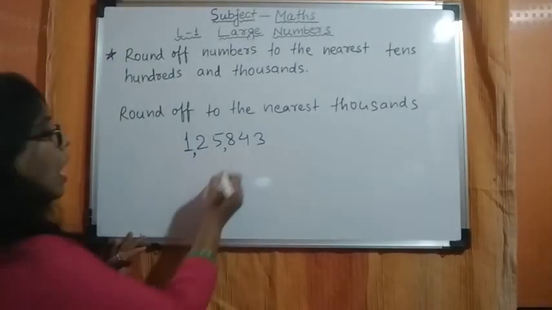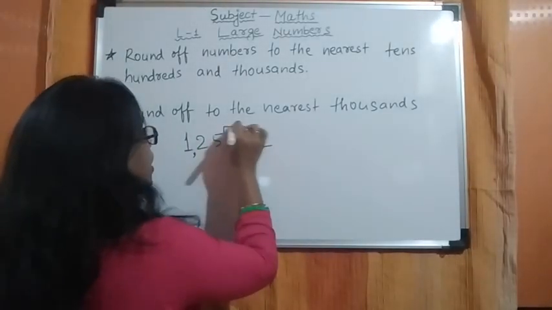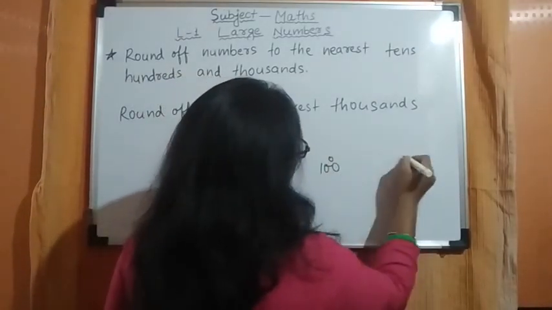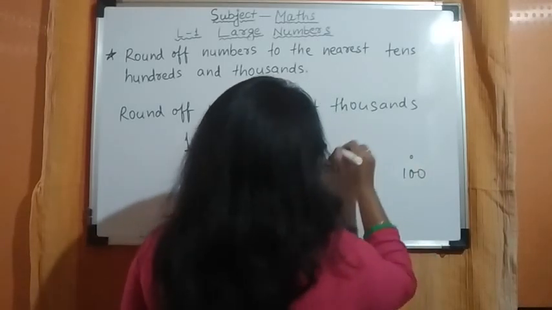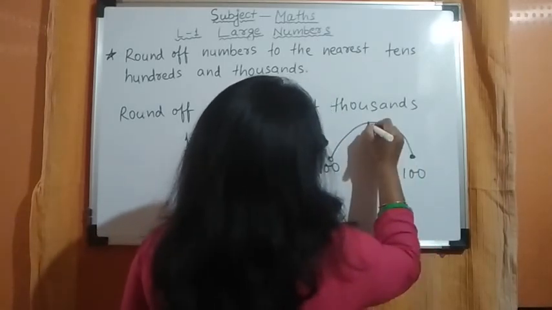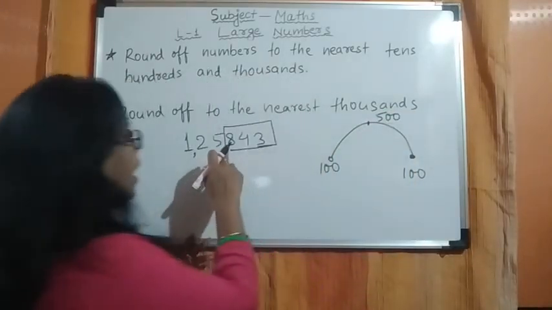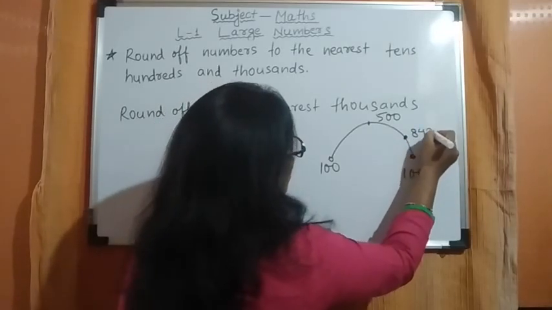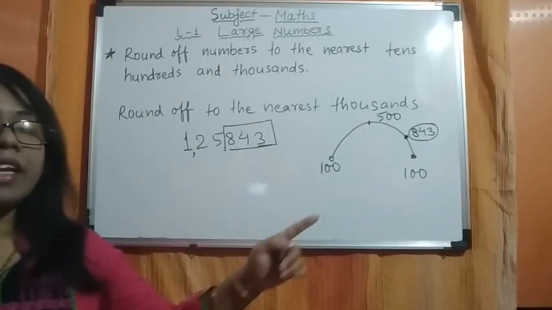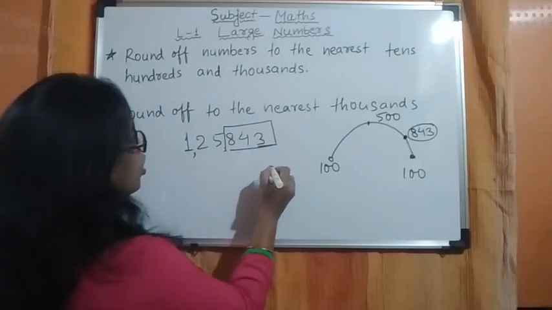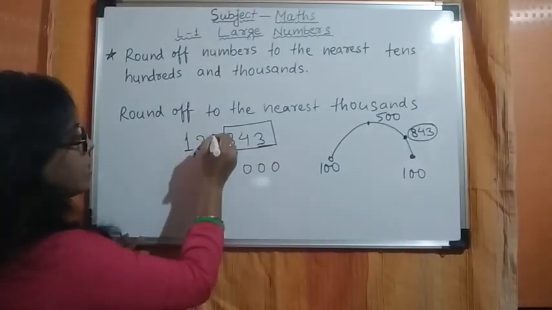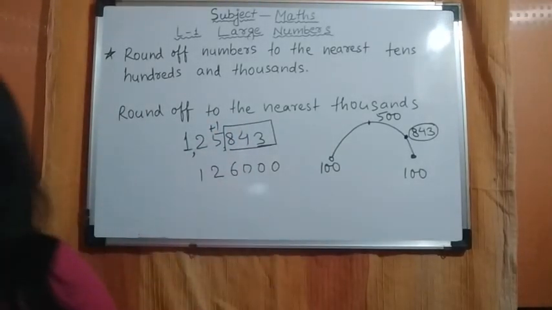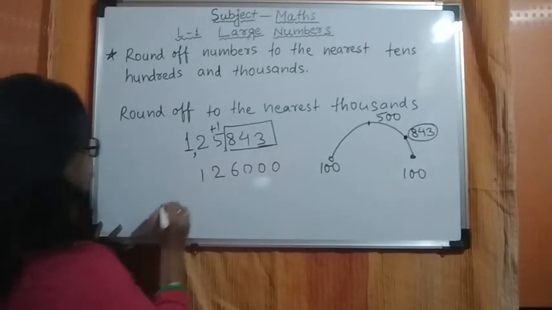We have to see the last three numbers, 843. Now we have to see where the number lies between 100 and 1000. Here it is 500. So 843 will come after 500. Somewhere it will be here, 843. So this 843 is more than 500. So we will put 0, 0, 0 at three places, and here we will add 1. So 5 plus 1 is 6. So it is 1,26,000.